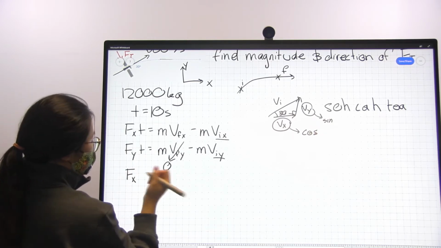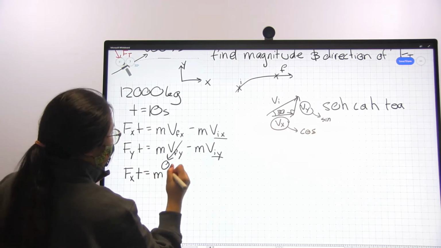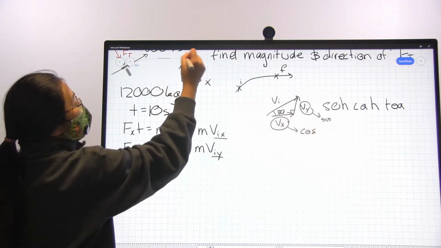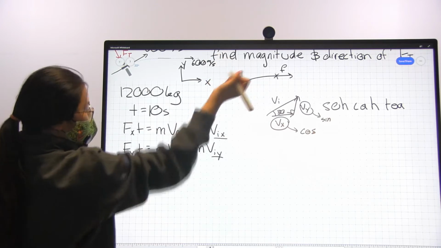So for our x direction, force x times t is equal to, and then the final velocity is the same as the initial velocity as stated in the problem. So that's also 600 meters per second.